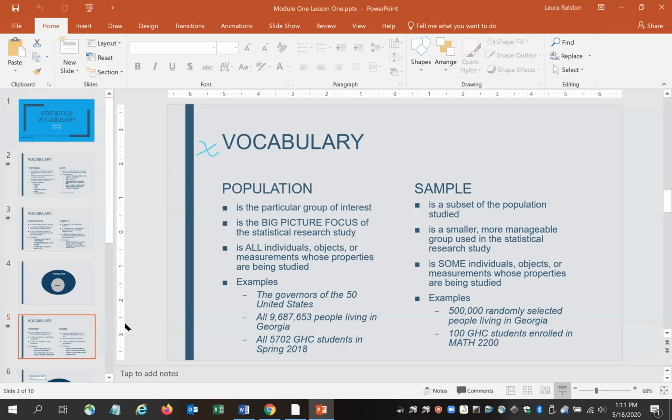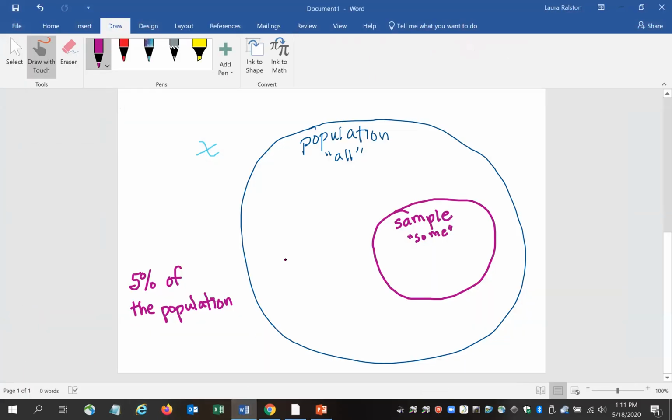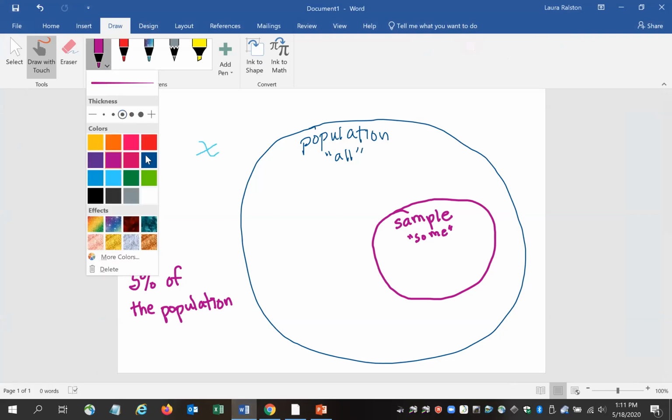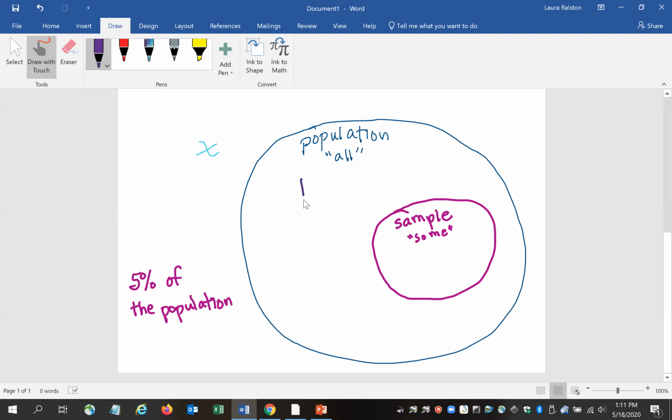So again, I want to go back to my picture and make you a note here that for the population, it's called a population parameter.